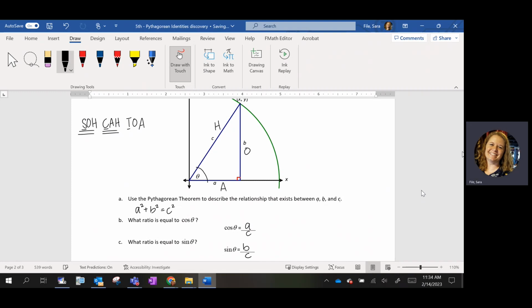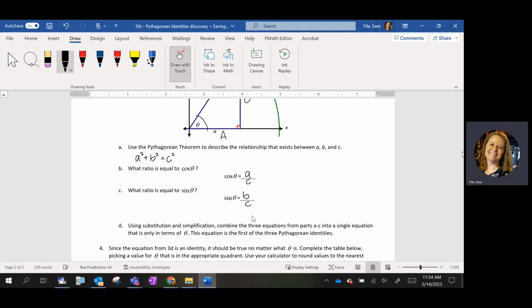So in terms of A, B, and C, we have 3 identities here. We have 3 equations that we're going to use to do part D. Part D says use substitution and simplification.